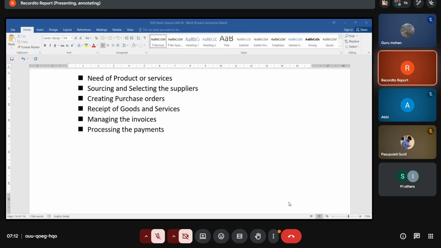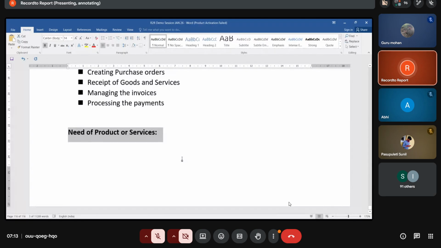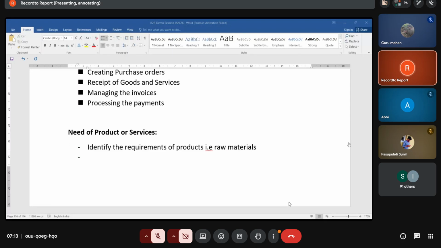The P2P process starts with the need of product or service. If you want to purchase something, first we need to identify the requirements of the product, that is raw materials or anything required for the company operations.